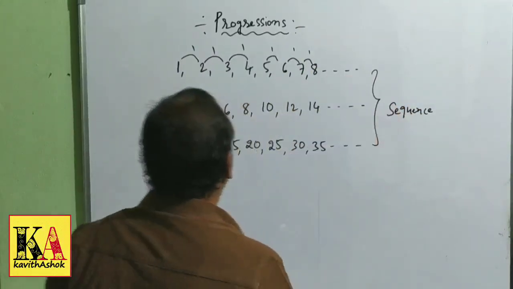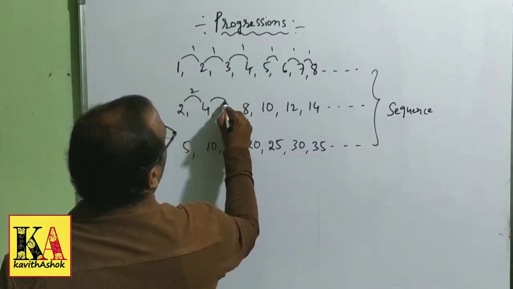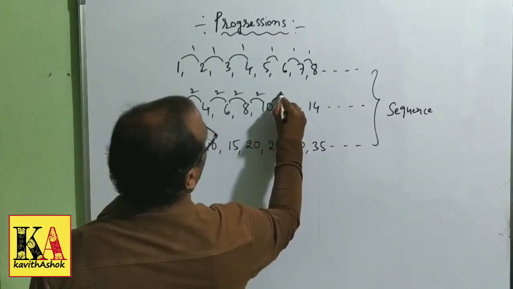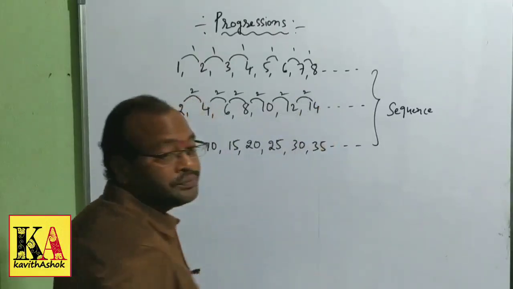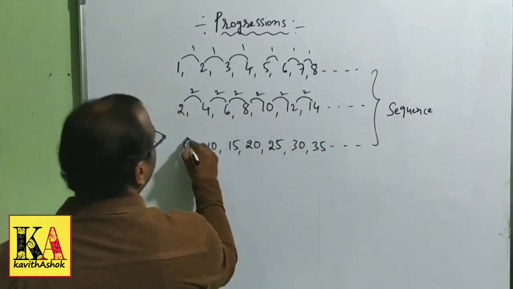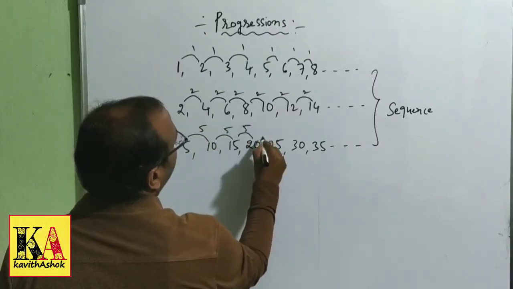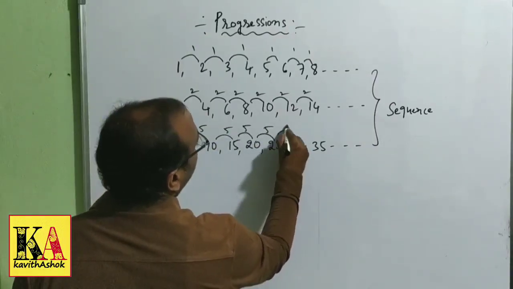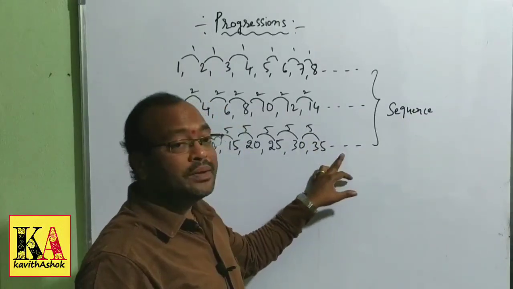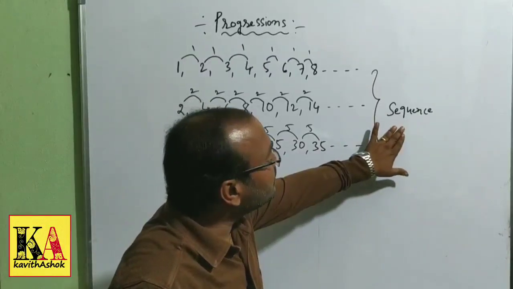In the next one, the difference is 2 each time, so the difference is the same. In the last one, the difference is 5 each time. So 35 plus 5 becomes 40, then 45, 50, like this.